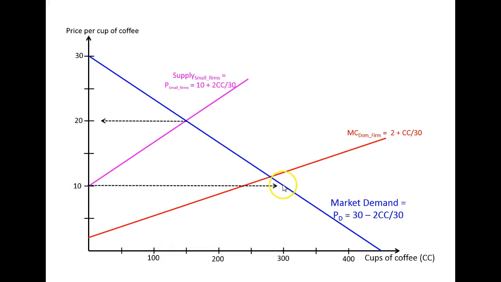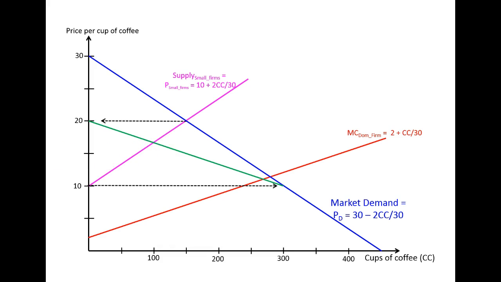And that means that from 10 and downwards, the dominating firm, so to speak, owns the entire market demand. So the difference between the market demand and the small firms' supply will be given by this straight line. It will start at 20, go down to this position there, and continue on the blue one there. If you calculate this, you will see all along that this is the quantity difference between the blue and the purple line.